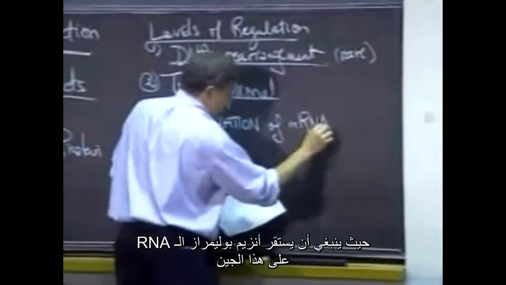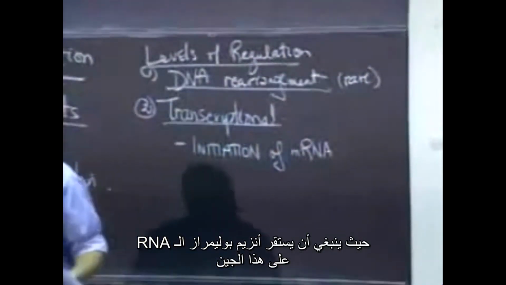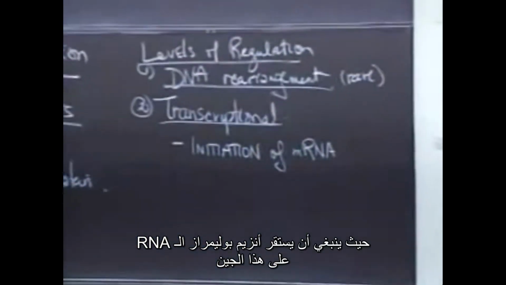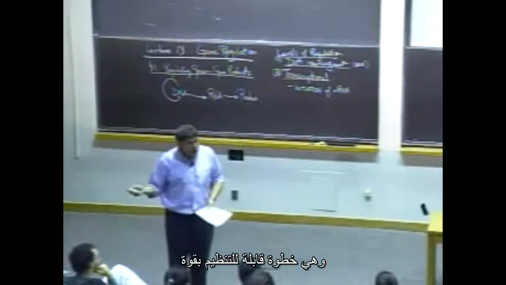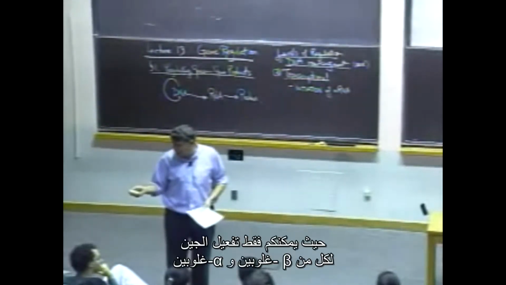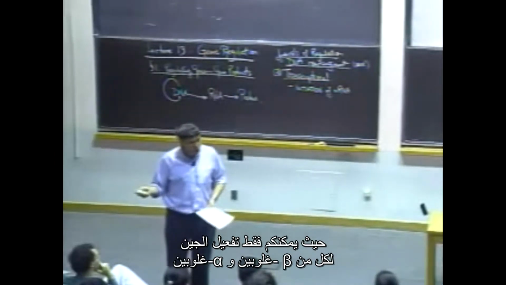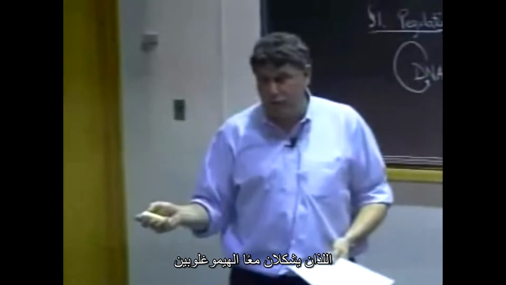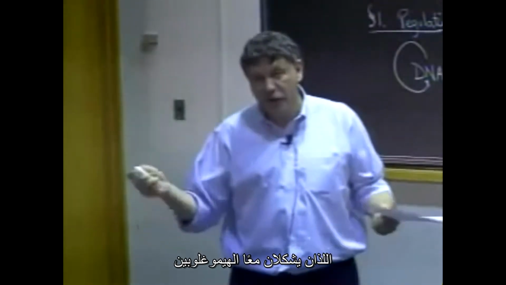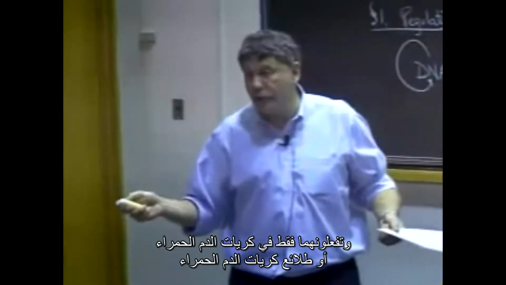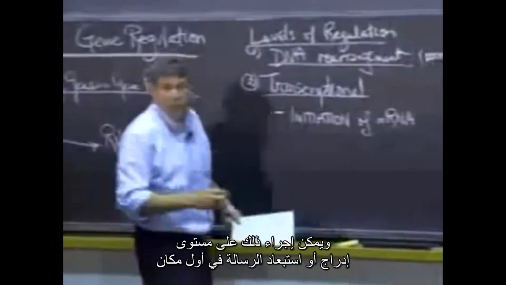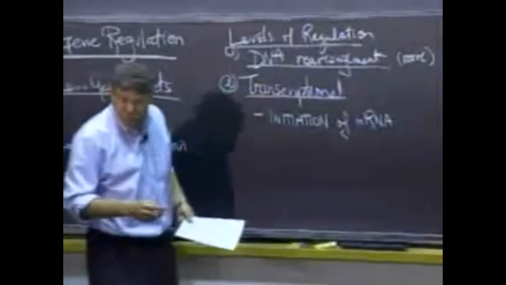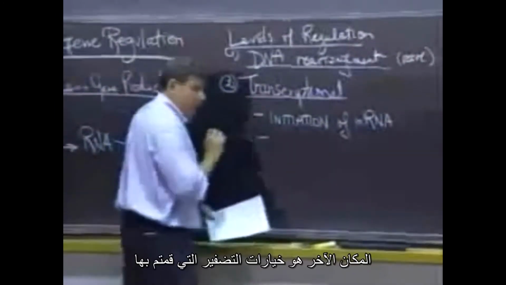That RNA polymerase should happen to sit down at this gene on this occasion and start transcribing it is a potentially regulatable step. Maybe you're only going to turn on the gene for beta globin and alpha globin that together make the two components of hemoglobin, and you're only going to turn them on in red blood cells or red blood cell precursors. And that can be done at the level of whether or not you make the message in the first place. That's one place it can be done.